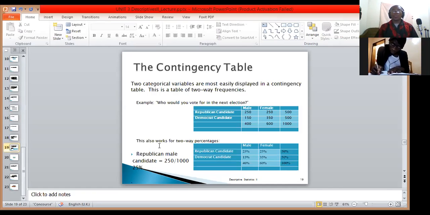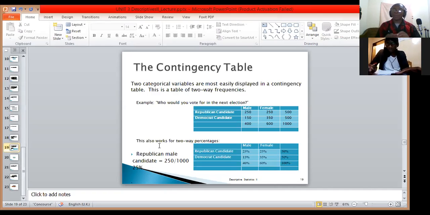Now, when we will be dealing with the chi-square, if, for instance, you have a question where they want you to find the probability of picking a male employee who is studying purchasing and supply. If you look at such a question, you have got two things. A person must be a male and he must be studying purchasing and supply.